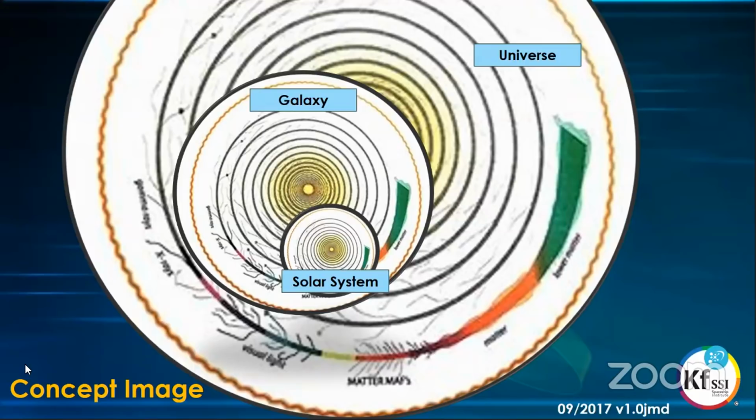So if there is a solar system, there's got to be a solar system within our galaxy that its position from its solar sun is relative to the position of our solar sun to the galactic sun. And there's got to be, I'm sure of it.